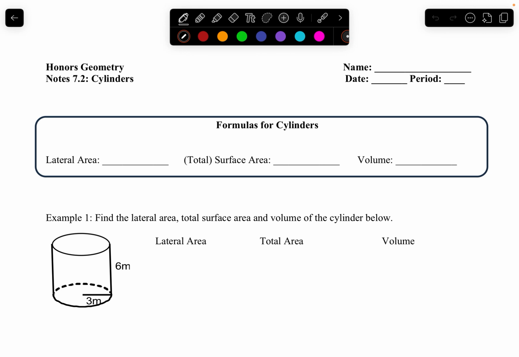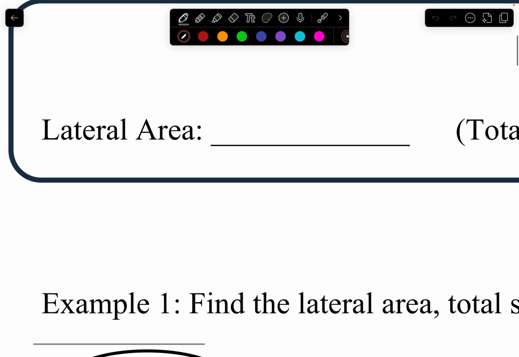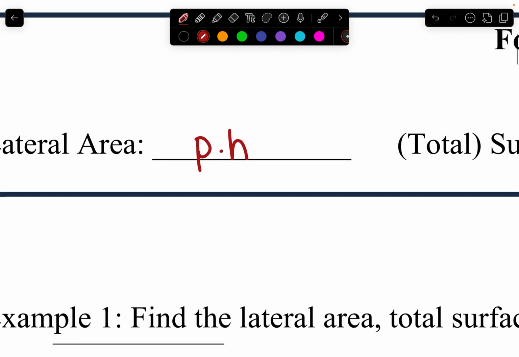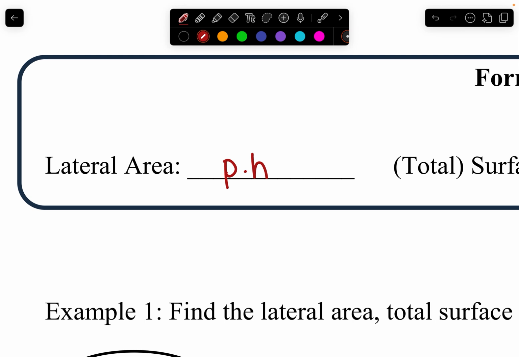So the really cool thing about cylinders is the formulas for the lateral area, surface area, and volume are actually the same formulas as the prism's formulas. So just as a reminder, your lateral area is going to be P times H, where P stands for the perimeter of the base and H stands for the height of the cylinder. Now, the only difference with a cylinder is that your base is always going to be a circle.